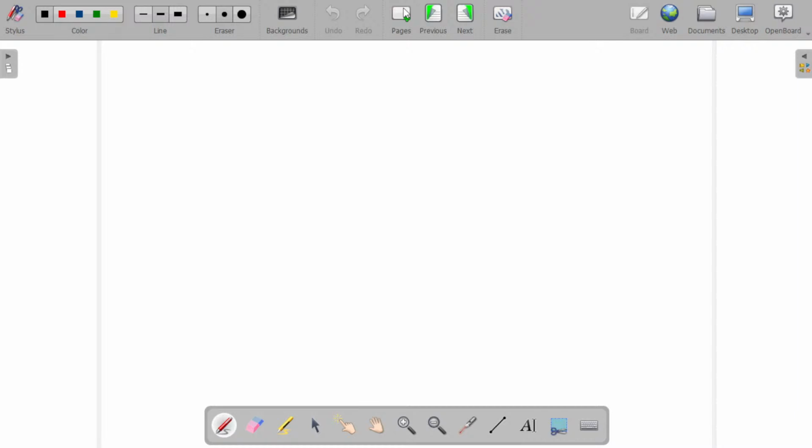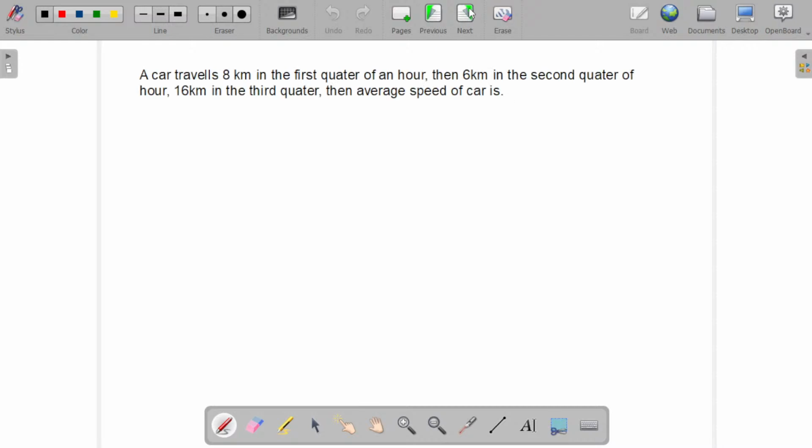Okay, let's see. So it's our third question now. A car travels 8 km in the first quarter. So okay, 8 kilometers.